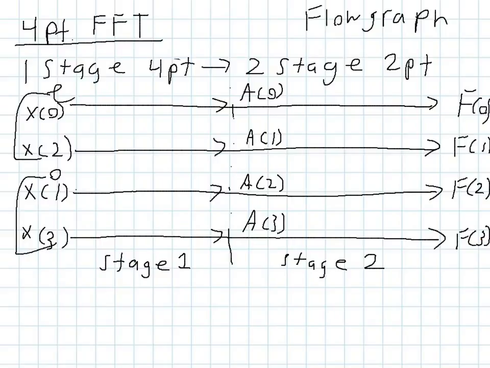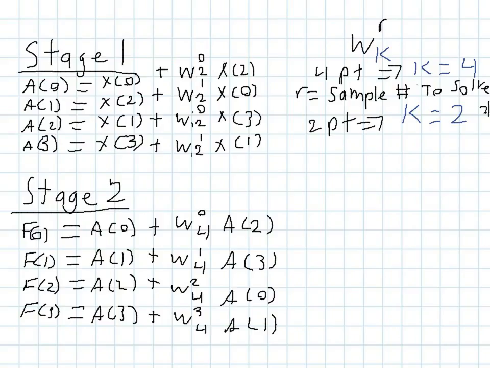So if we go over here to our equations, if I can find our equations, there we go. It's very similar to our very last video for our stage 1, in which we have 2 points. Our twiddle factors are going to end up with a base of 2, and our r's are going to be the samples we're trying to find for each of the other two, labeled 0 and 1.